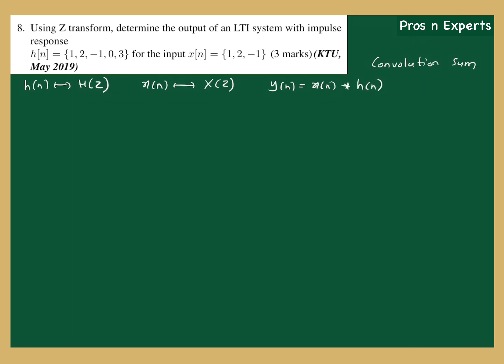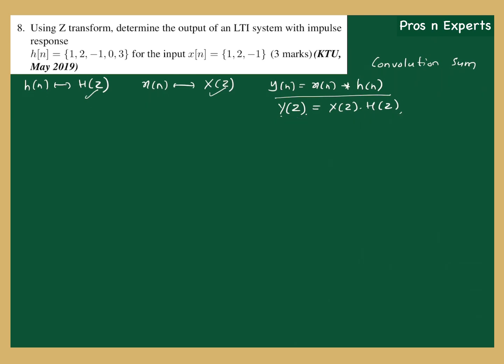But when you take the Z transform of this equation on both sides, it will be Y(z) equal to X(z) into H(z). You will know this. So you multiply both of these and you will get Y(z), and take the inverse transform, you will arrive at the answer. So that's the logic behind this question.